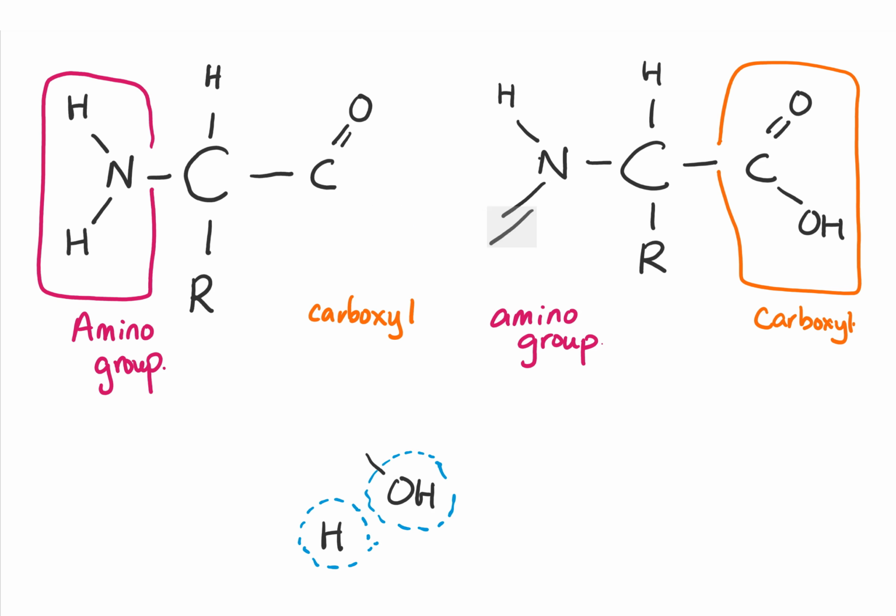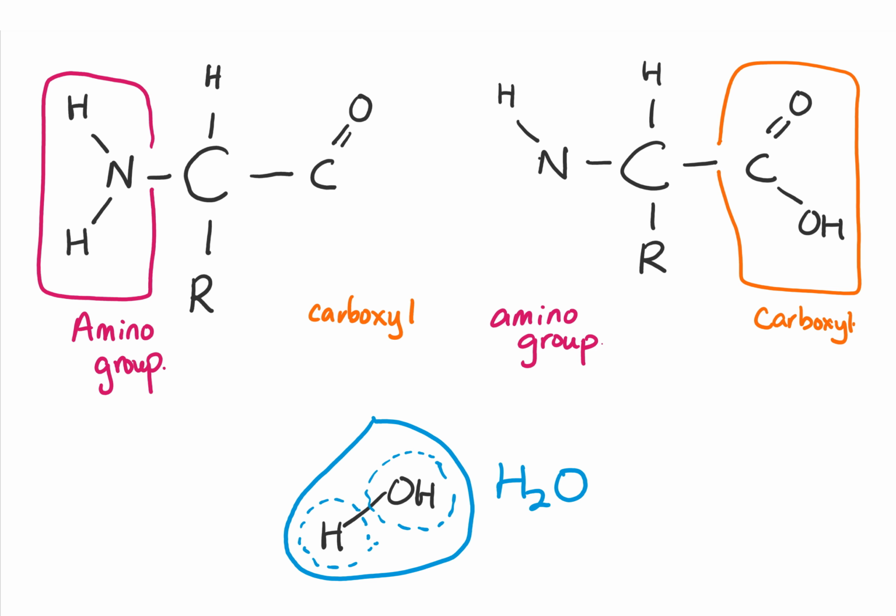Now they form a bond. Hydrogen sticks to a hydroxyl and it becomes a water molecule, H2O. The removal of this water molecule is going to create a bond between the carbon and the nitrogen, between the carboxyl and the amino group of 2 different amino acids.